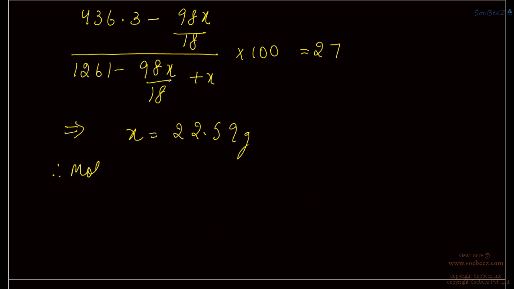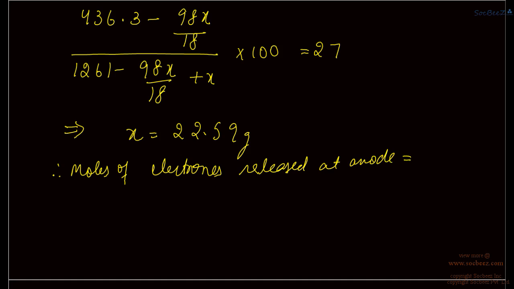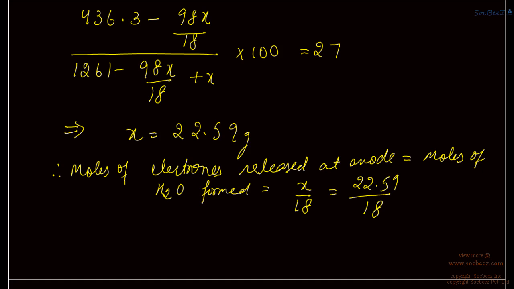So moles of electrons released at anode equals moles of H2O formed, which equals x upon 18.